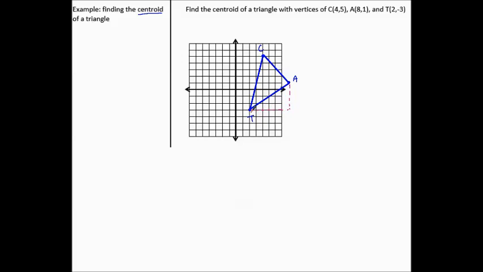So let's count down here. 1, 2, 3, 4, 5, 6. So if I want to find the middle of 6, I'm going to divide it by 2, which is 3 steps. So after 1, 2, 3, my midpoint will be right here.